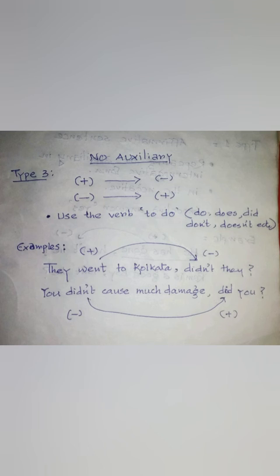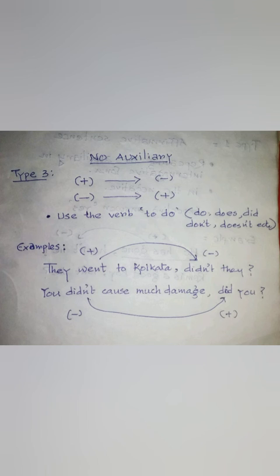Whatever the type of sentence, auxiliary verb used or not, don't bother about it. You have to make the question tag negative if the statement is affirmative, and you have to make the question tag affirmative if the sentence is negative. Just keep these things in your mind.